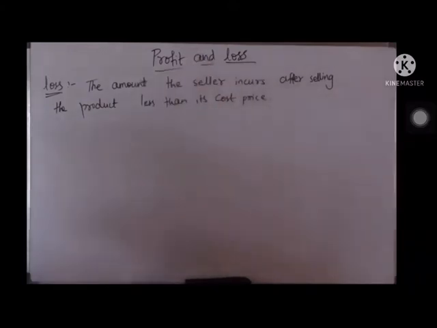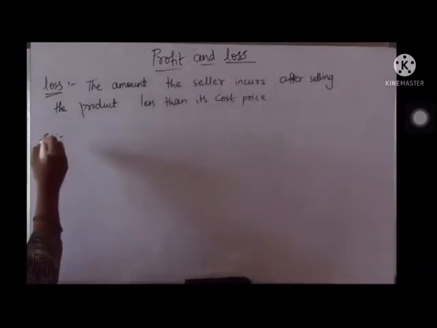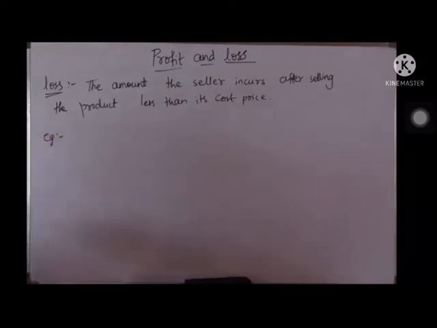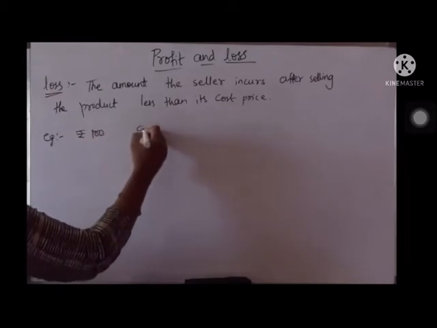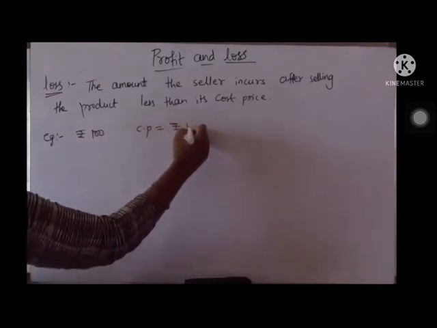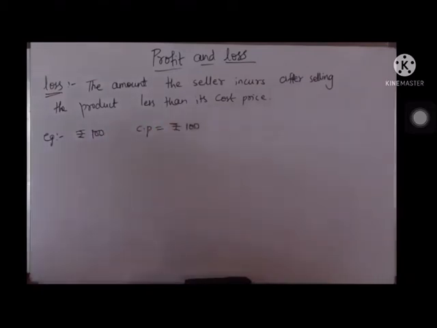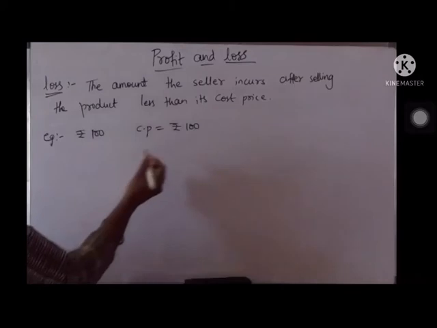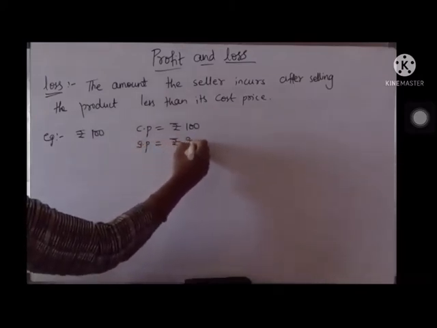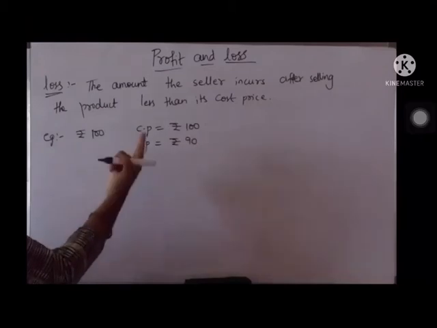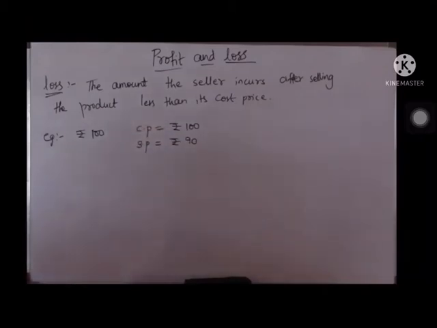Okay, suppose for example you purchase one pen for rupees 100. So here purchase is nothing but the cost price. Cost price is rupees 100. After some days you give that pen to your friend, but for a lesser amount than the cost price. Suppose you have sold it for 90 rupees. So here if you observe, the selling price is less than the cost price, right?